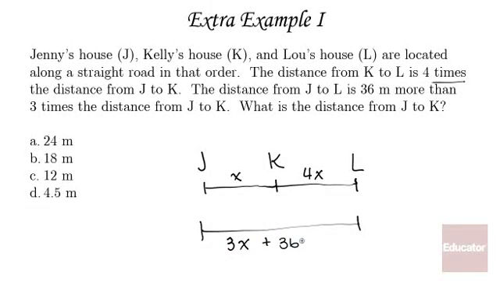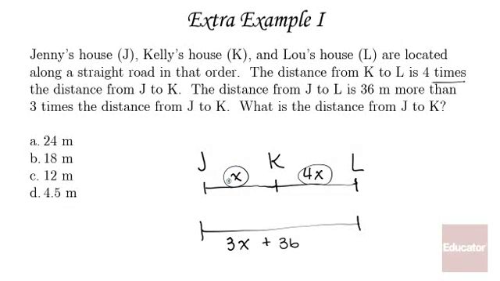Let's recap and make sure that we've filled in our information correctly. Jenny's house, Kelly's house, and Lou's house are located along a straight road in that order. Let's check our order. J, K, and L. Yes, that's correct. The distance from K to L is 4 times the distance from J to K. 4 times J to K. So far, so good.